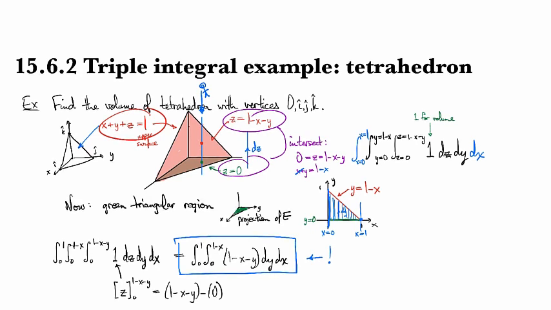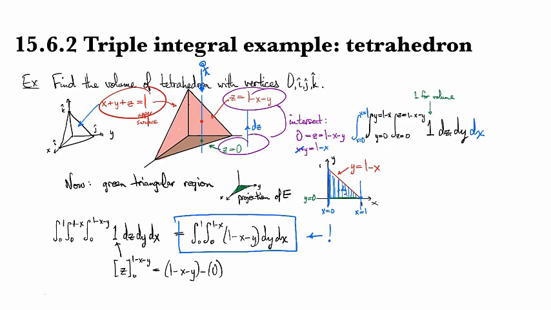Now, you might say, okay, if we could do that with double integrals, why do we need triple integrals at all? Well, what if the density of this thing is non-constant?